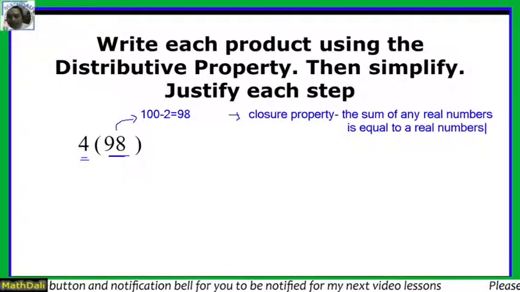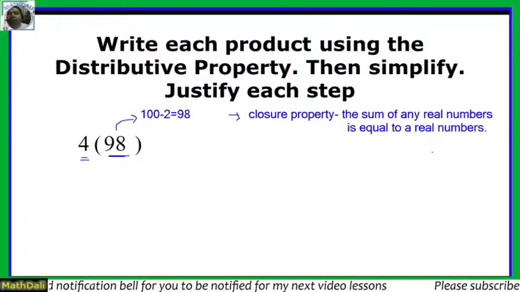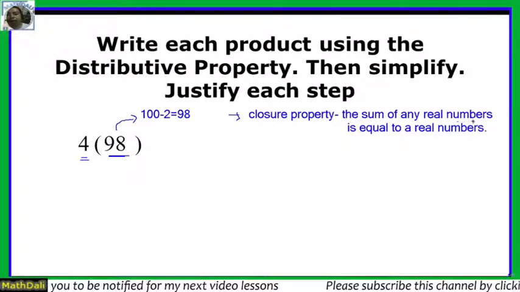Ayan, pasensya na, hindi ko nasama sa slides. Okay, so closure property, the sum of any real numbers is equal to a real number.